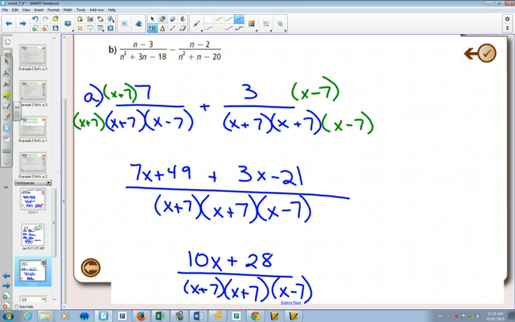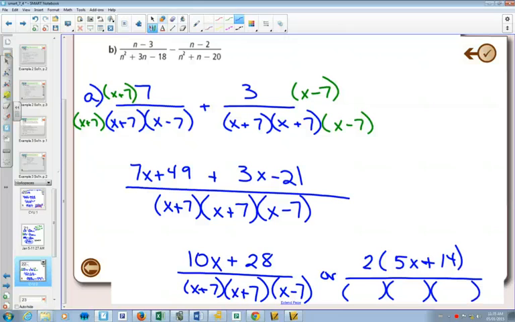That doesn't simplify with the bottom, so we could leave it like this. Or you could factor the top as well, 2 times 5x plus 14, just to make sure that nothing could simplify. But both of those answers would be the simplified form.